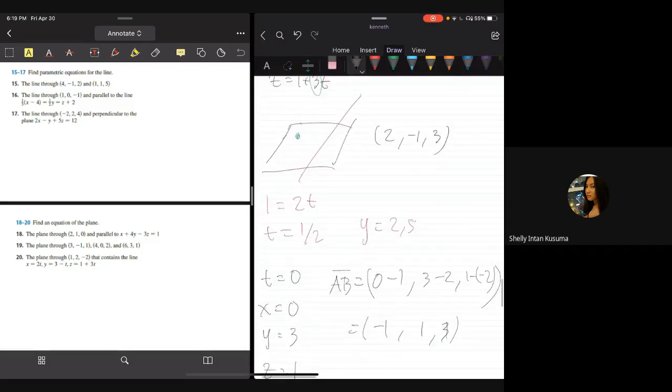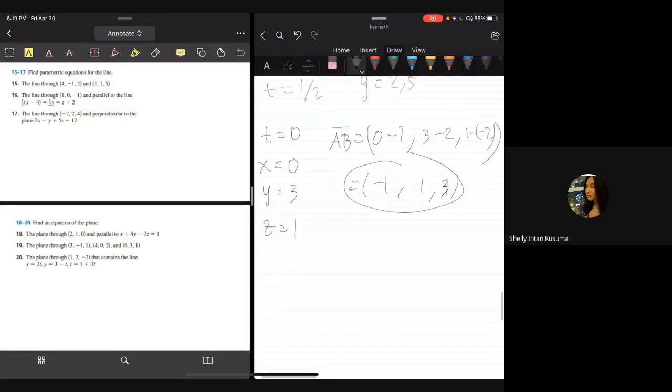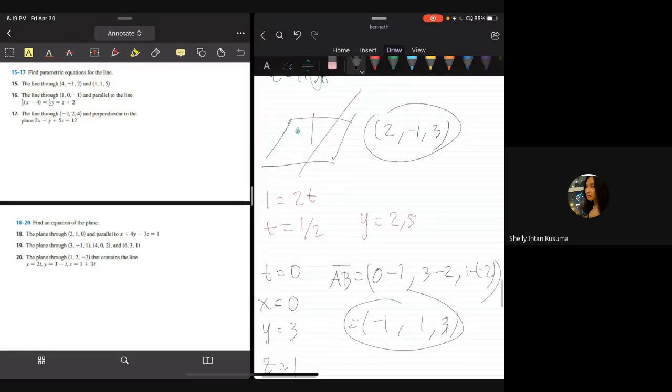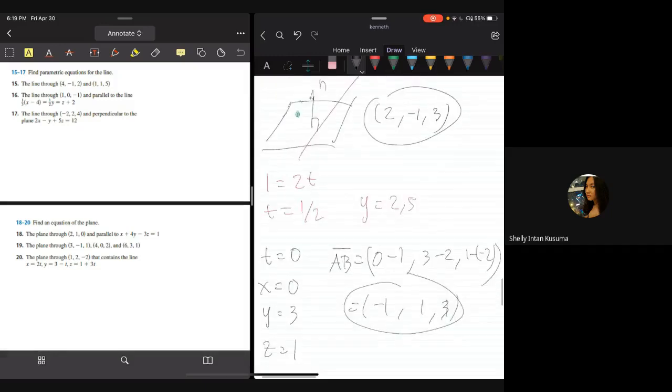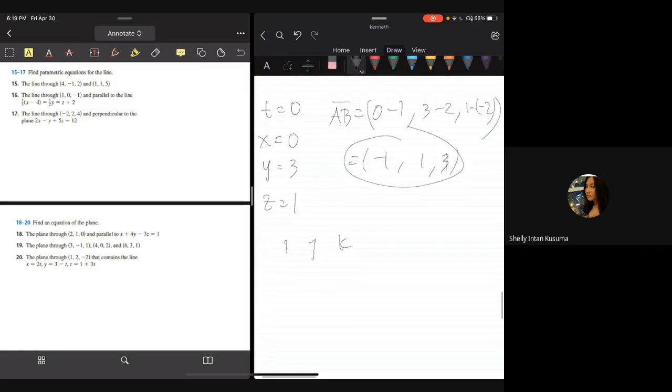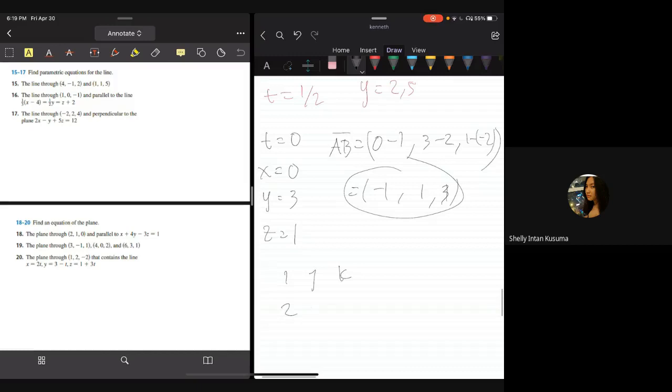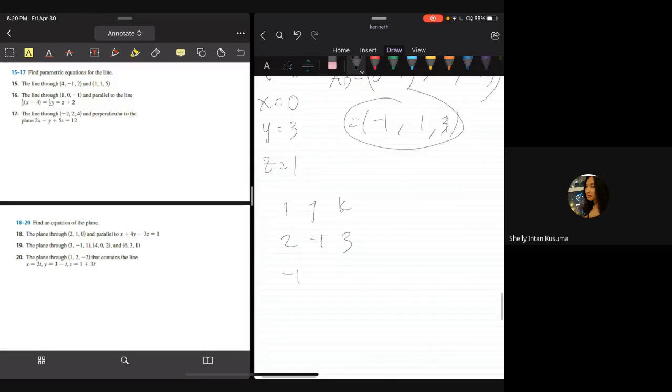Okay, and now we get the two vectors here, this one and this one. We can cross these two vectors to get the normal for our plane. So 2, -1, and 3, then -1, 1, 3. And our normal vector is -6i, -9j, and plus k here.